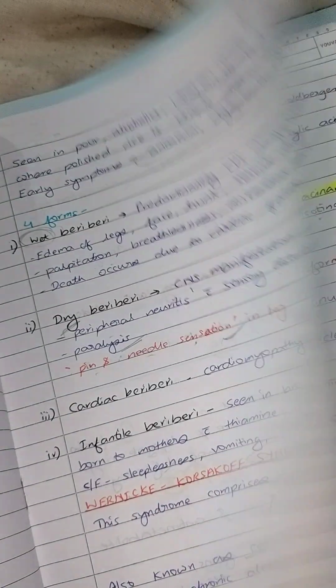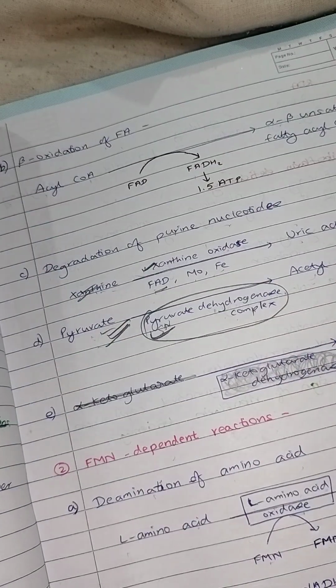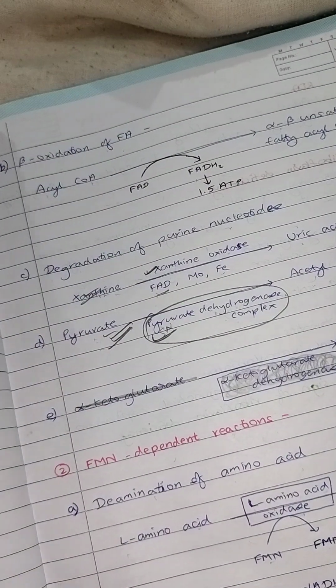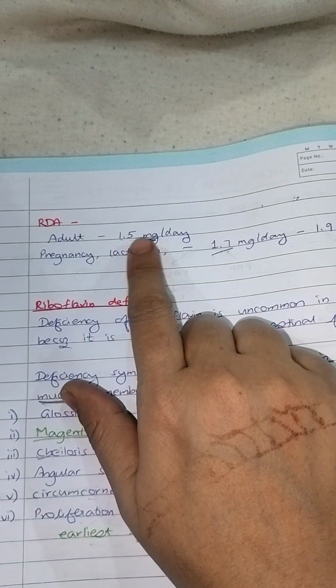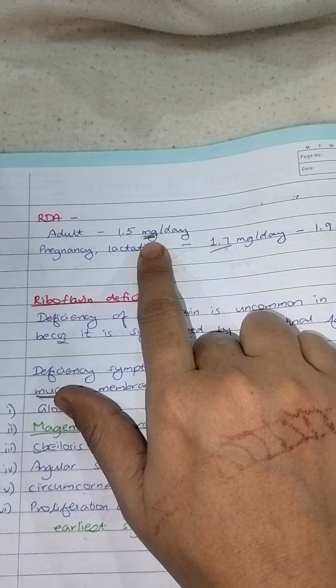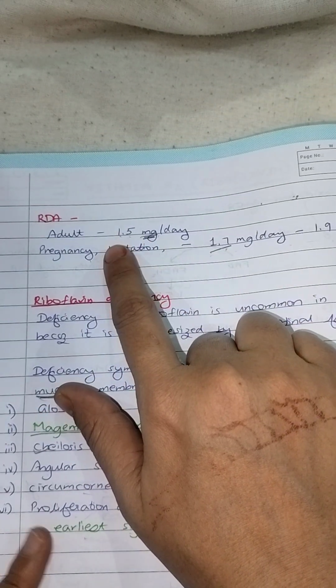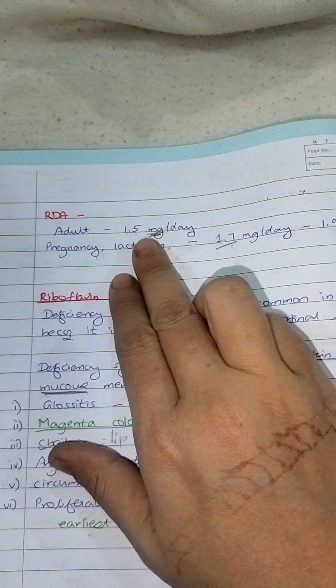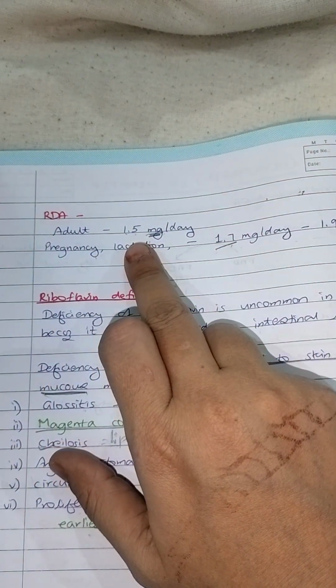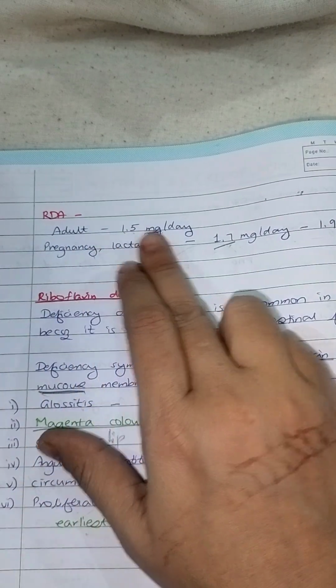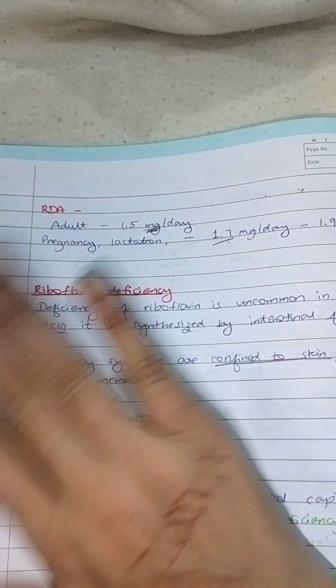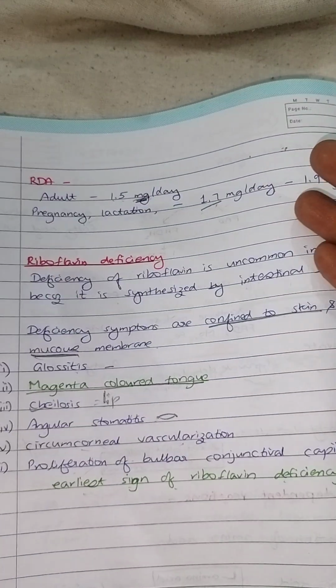Now for vitamin B2, also in milligrams, and B1 and B2 are mostly in the same range, so it will be easy to remember. There 1 to 1.5, here also 1.5, almost similar. If you are asked in a viva, you can easily answer.